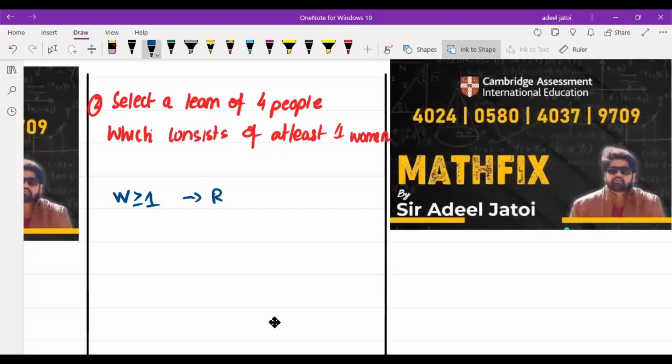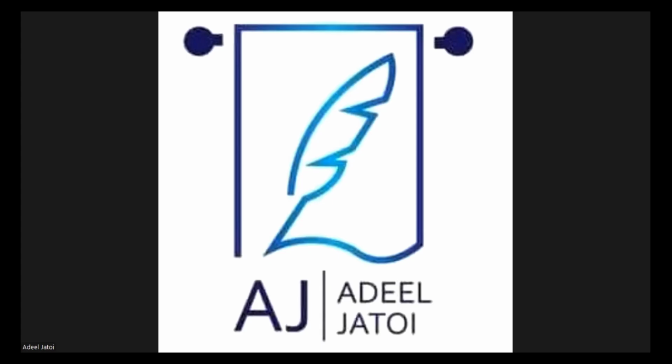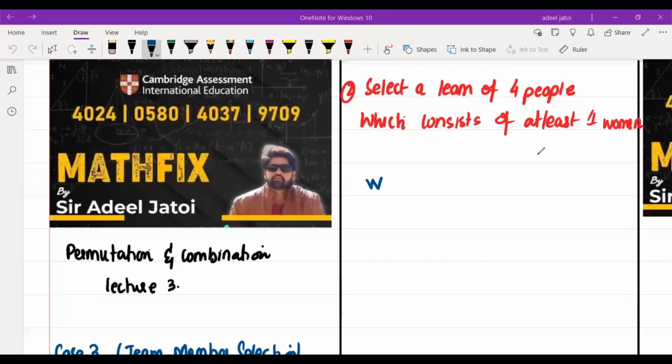Woman greater than or equal to 1. That means this is your restriction in this. So let's just continue with this.